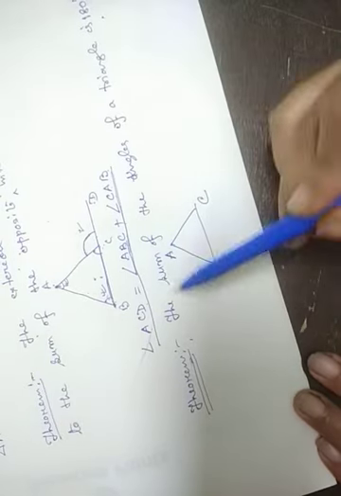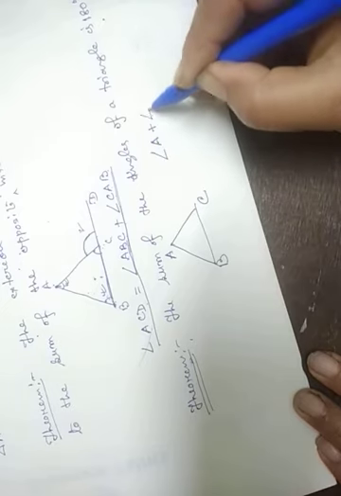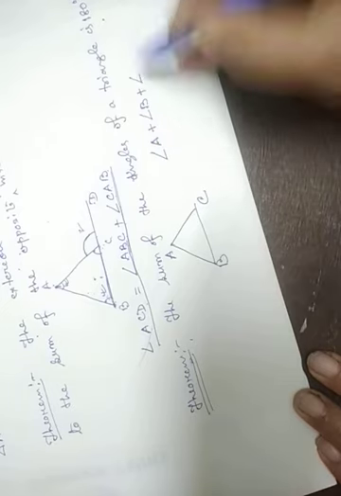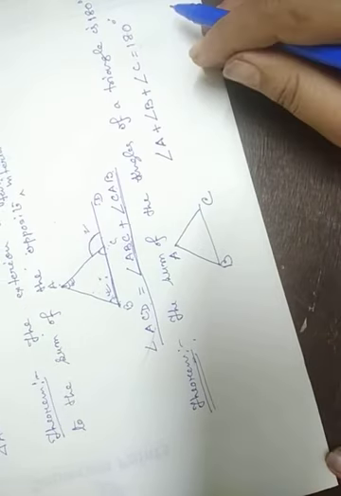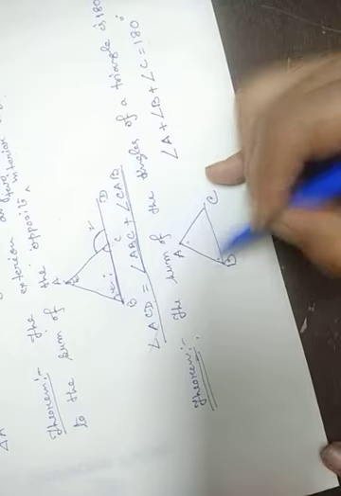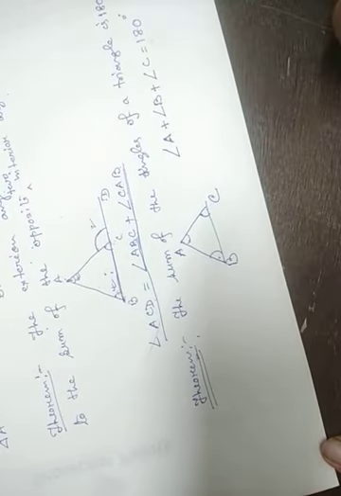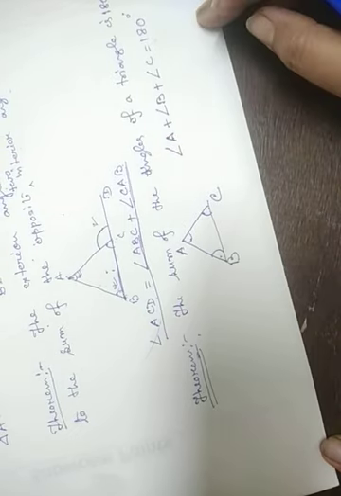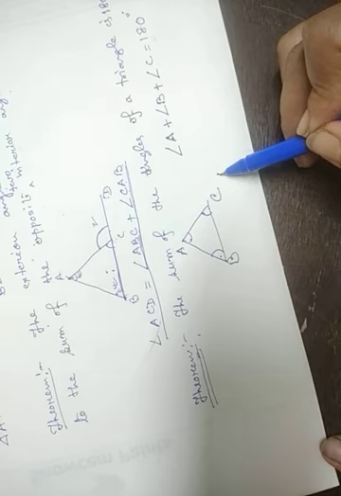According to this theorem, angle A plus angle B plus angle C equals 180 degrees. The sum of three angles of a triangle is 180 degrees. This is also the theorem. So how to prove it, I'll send you this one also.